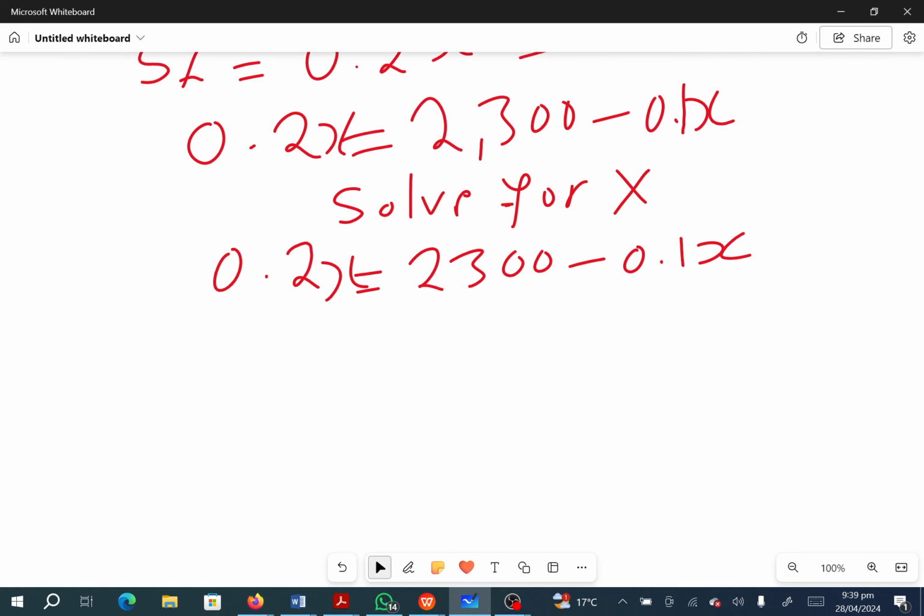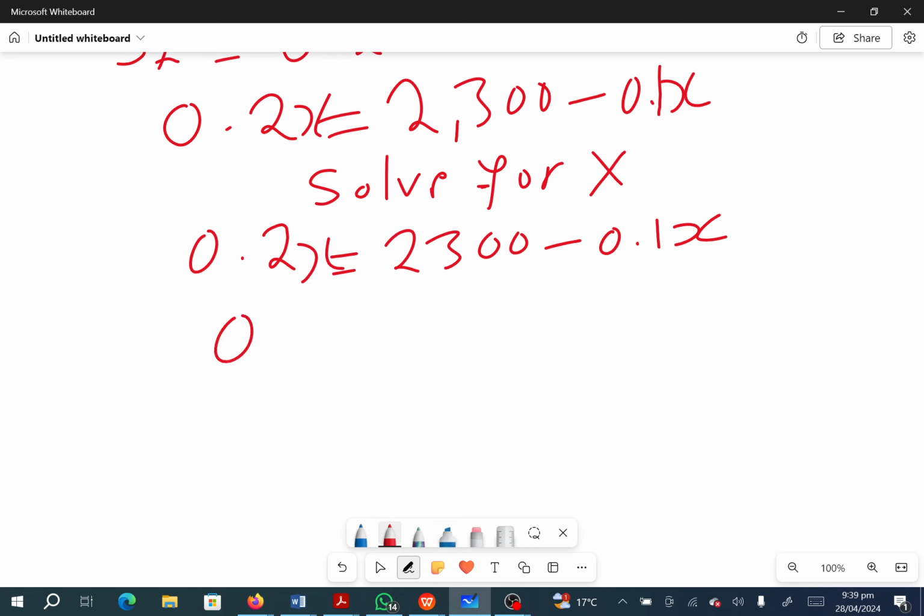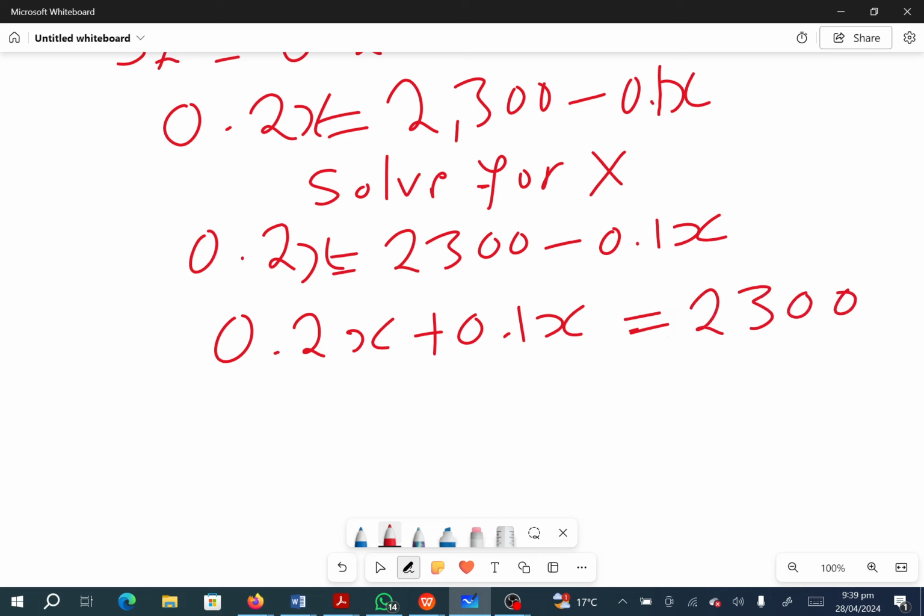So we'll say 0.2x plus 0.1x is equal to 2,300. Since we have x in both, we can add. 0.2x plus 0.1x will be 0.3x. This will give us 0.3x equals 2,300.